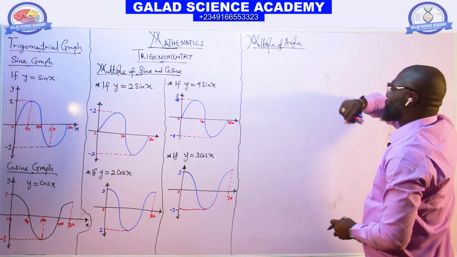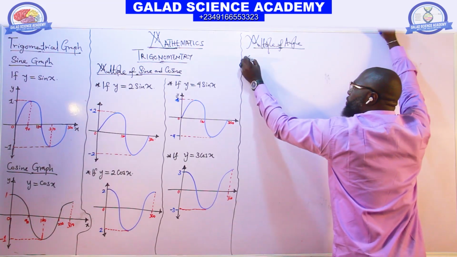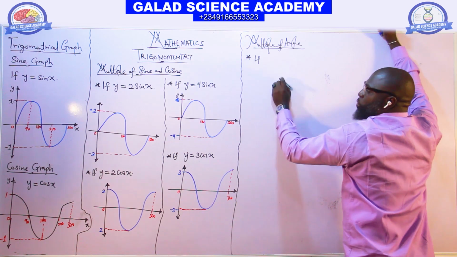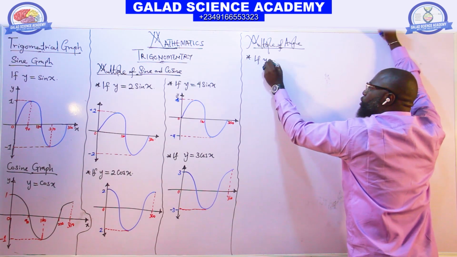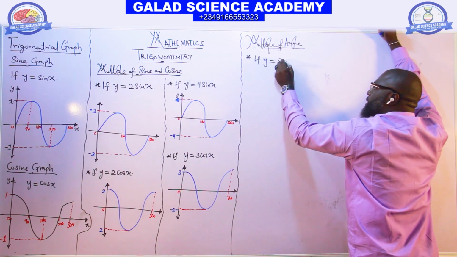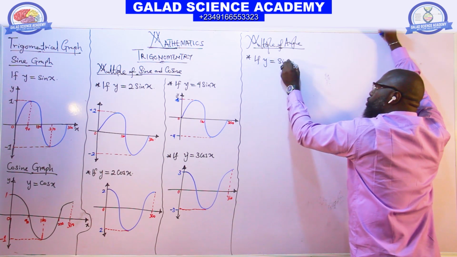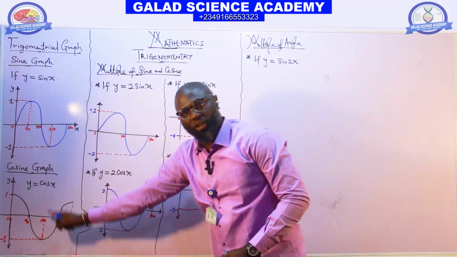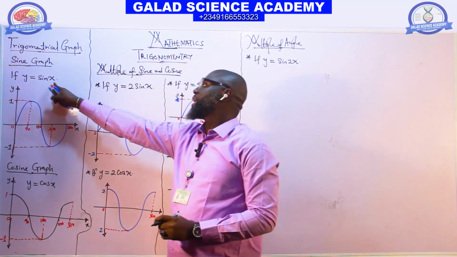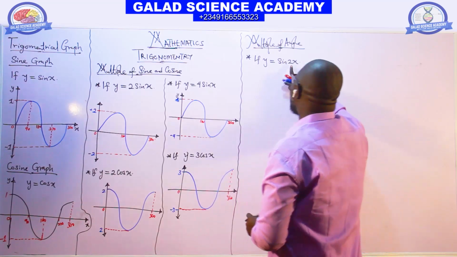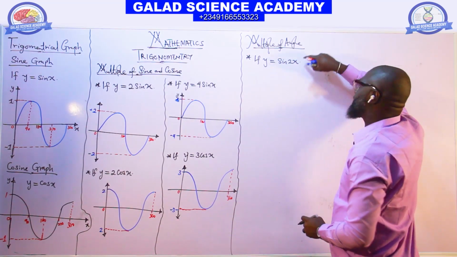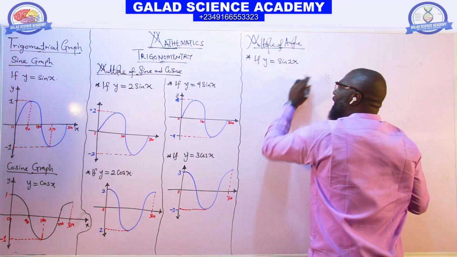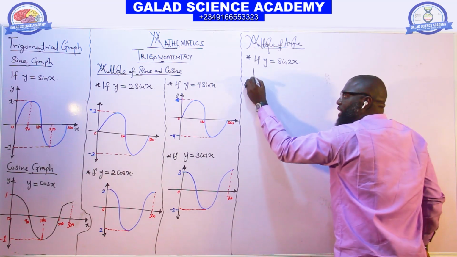So in case of this multiple of angle graph, given y is equal to sine 2x. Look at all the examples I gave you before. We are using how many x? 1. But this time around, we have a multiple of angle, which is x. Sine 2x. So this graph should look like this.